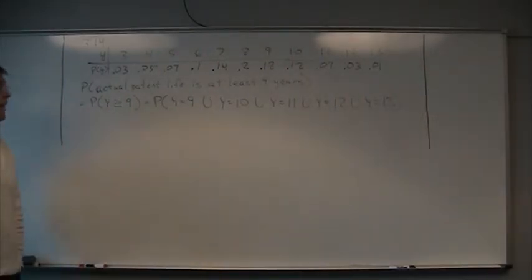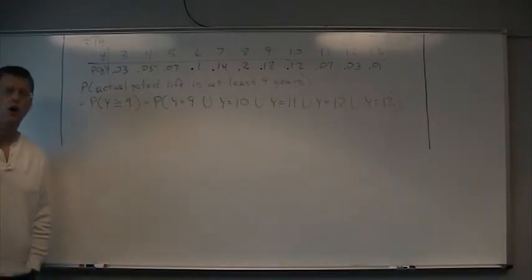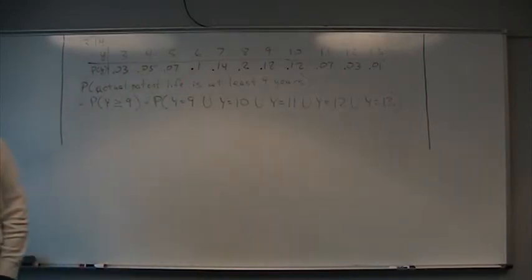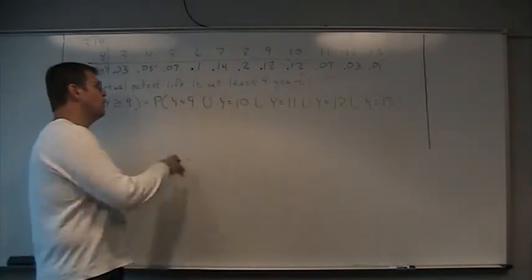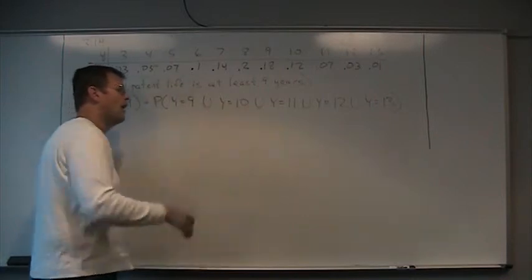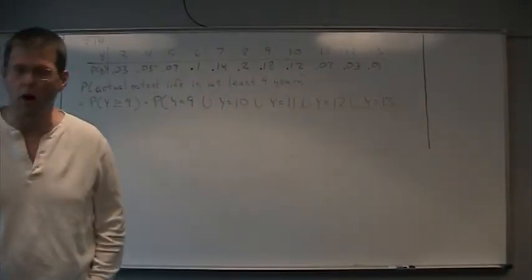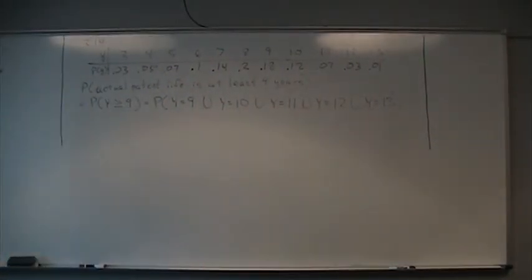So, again, we're connected by unions here, so we're going to ask the question, are these events pairwise mutually exclusive? Is it possible for y to equal 9 at the same time that y is equal to 10? No, that lifetime can't be both 9 and 10 years simultaneously.